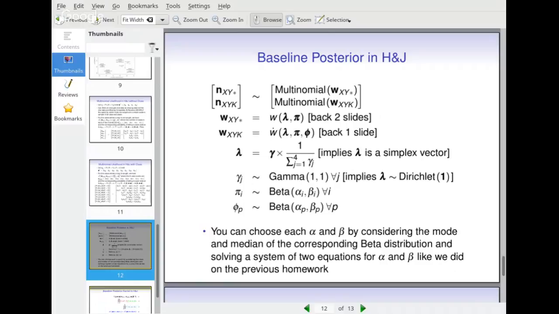All you need to do is choose the shape values, particular numbers for these beta priors. And you can do that by thinking about your prior mode, prior median, and solving a system of 2 equations. And now you've fully described your priors and your likelihood. All you have to do is write this in terms of PMFs and PDFs, take the logarithm of it, and it's ready for Stan.